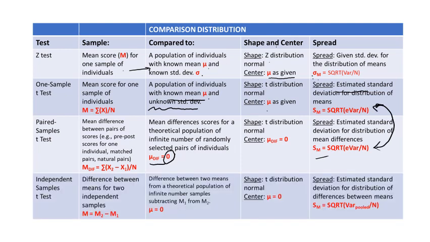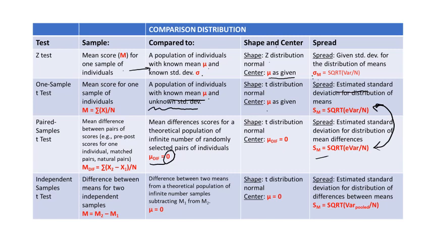Now we're looking at comparing the difference between two means. So M is going to represent that, the mean for the second sample minus the mean for the first sample. And we're comparing that to a mean that's equal to 0. No difference between the means in two randomly drawn samples.